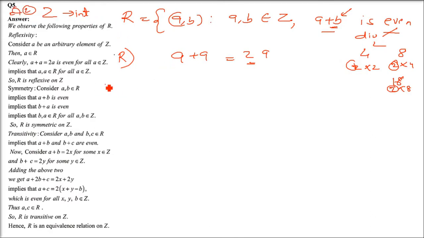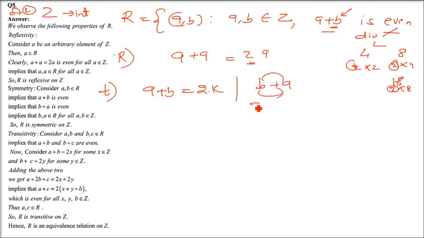Okay. Now coming to symmetric. This is not transitive, this is symmetric. So I am exchanging the position of a and b. So a plus b, assume it to be 2 into something, because we are assuming it to be divisible by 2, or even. So what about b? I am replacing a by b and b by a.